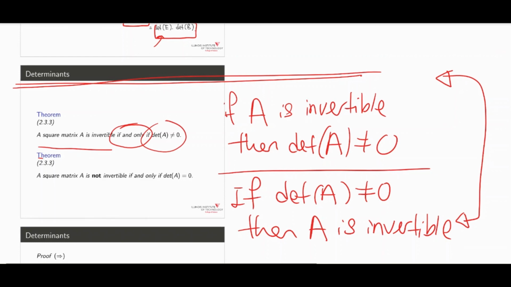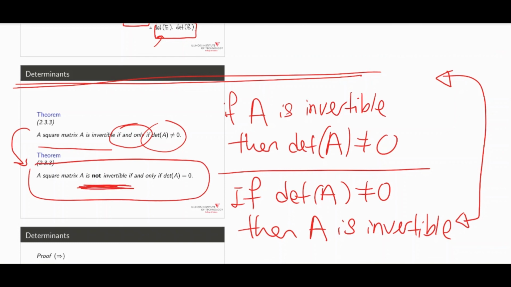Another way of stating this theorem is this: because it goes both ways, you can take the contrapositive. We haven't talked about that; we talk about it in the homework, but just trust me that this is logically equivalent to the statement here. It says that if your matrix is not invertible, then the determinant of A will be 0, or if the determinant of A is equal to 0, then your matrix is not invertible.